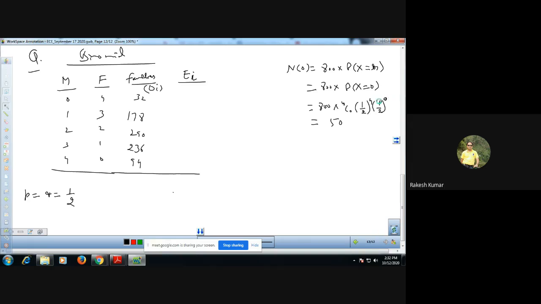So this comes out to be 50, and similarly we can calculate n1, that will be 800 into 4C1, 1 by 2 raised to power 1 and 1 by 2 raised to power 3. So this comes out to be 200. You can check that.